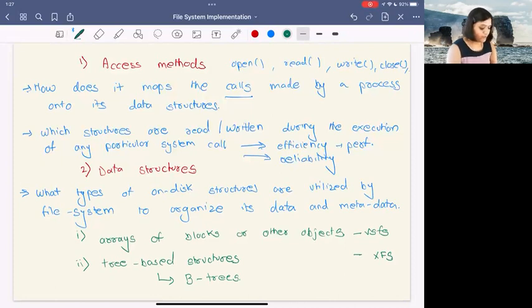So now once we know that we want to have these data structures, and then we want to map the access methods onto these data structures, let's take a very simple array-based organization of data structure. Like, let's take the array data structure and let's see what are the different organization tasks that we could do with that in a simplistic fashion.